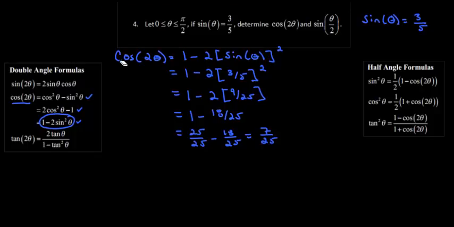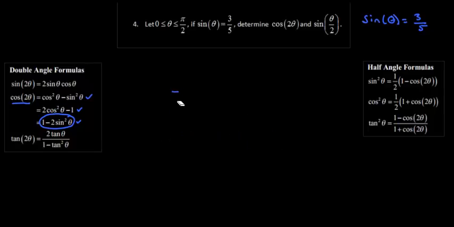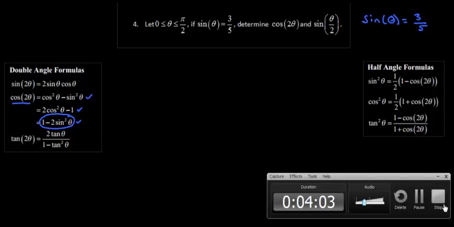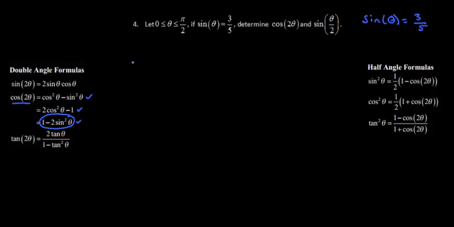Now let's erase that, and let's go ahead and try. Okay, so we're going to work on the sine here. So I want to know, what is the sine of theta over 2? I'm going to use this over here, which is the half angle. Now this is a different form than what I gave you on the sheet, but the terms are just rearranged.